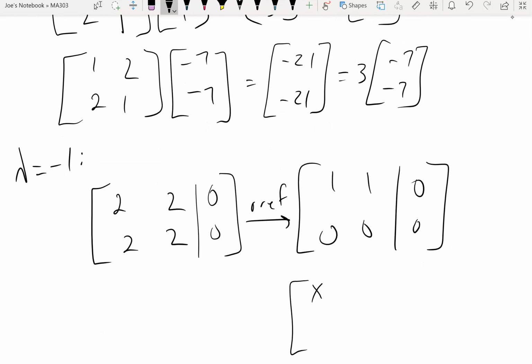So what do your solutions look like in this case? x2 is t. Good. So I can write that as t times [-1, 1].